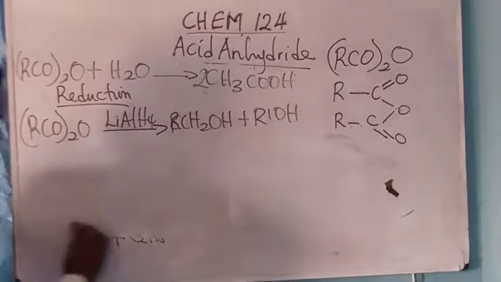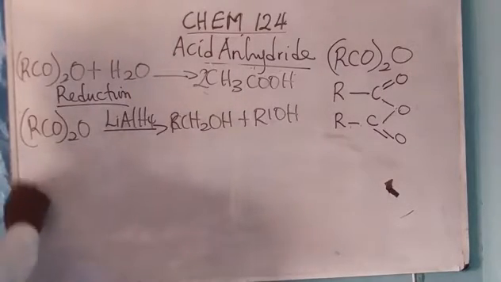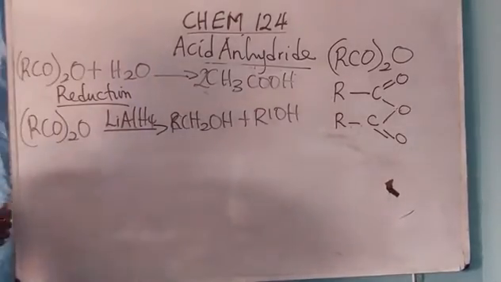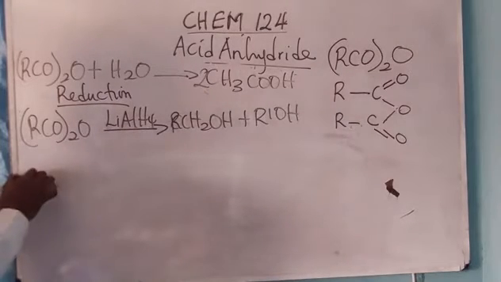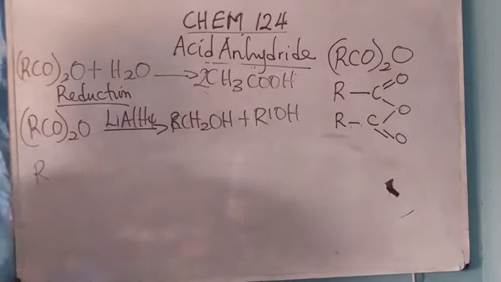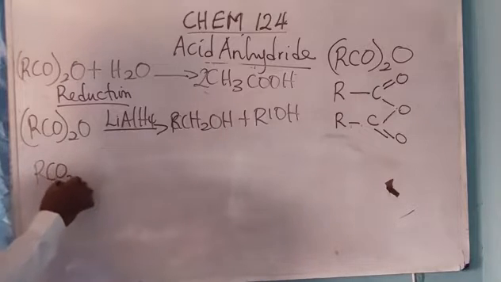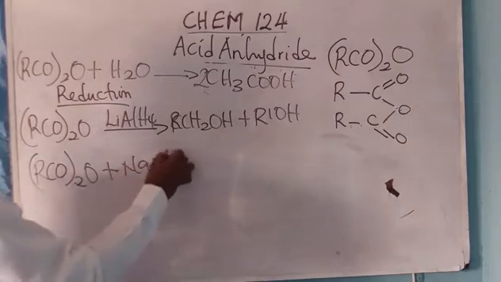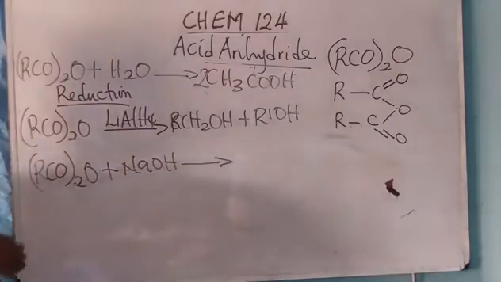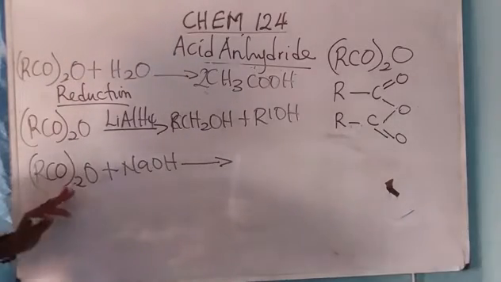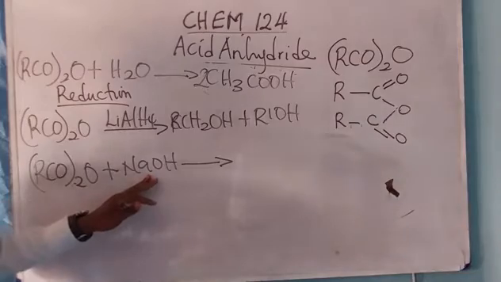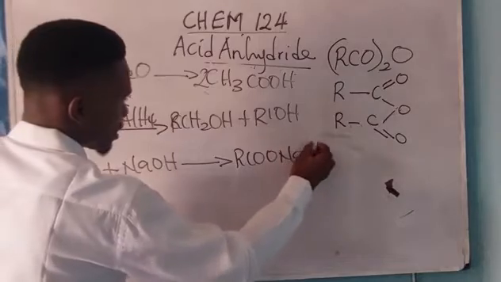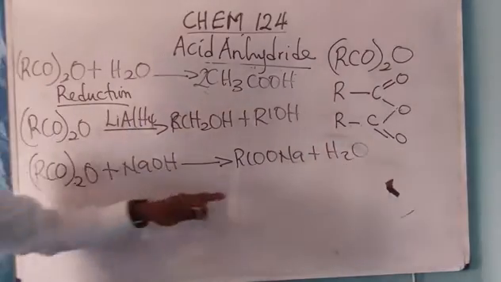Now let us analyze the tests. This acid anhydride is also tested using the hydrolysis test. But the distinguishing test between acid anhydride and ester is that if I react acid anhydride with caustic soda, it will produce the acidic salt, which is usually RCOONa plus water.